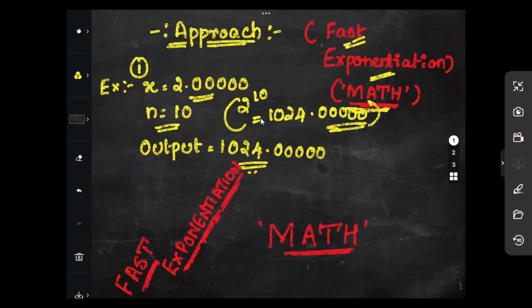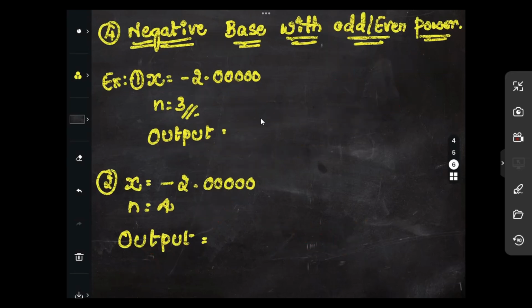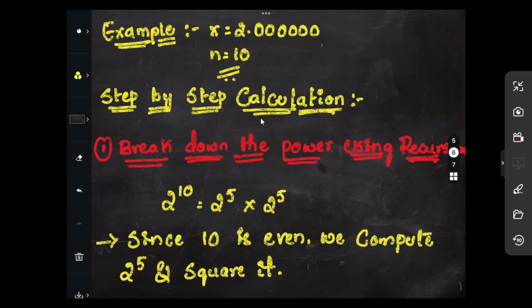Let's discuss the approach step by step. First, we will break down the power using recursion. Our thought process has to be articulated in the form of code. Here, 2 to the power of 10, I have considered as 2 to the power of 5 into 2 to the power of 5.